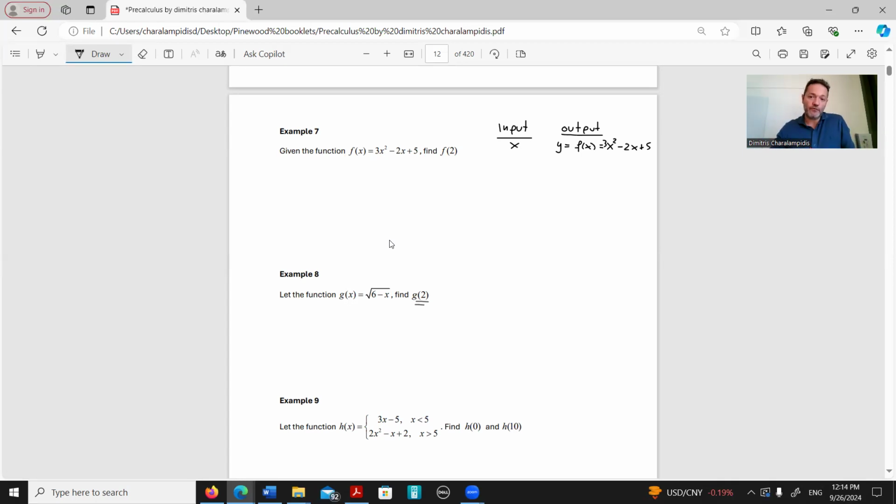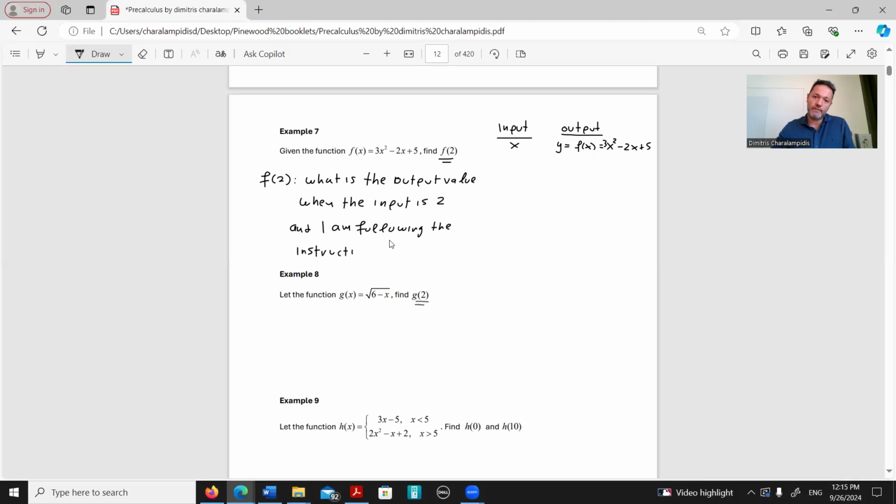So f of 2 means: what is the output value when the input is 2 and I am following the instructions of f?